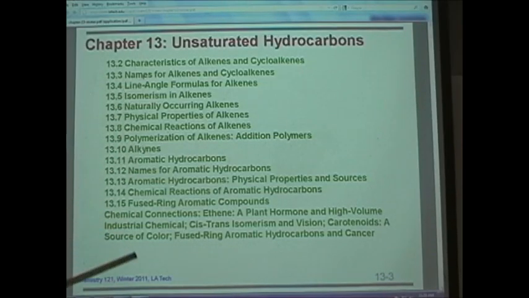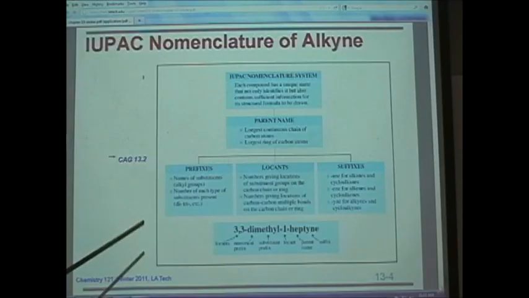We're going to basically talk about alkenes and alkynes and their reactions. Now, we're going to start on aromatic hydrocarbons, where you have a 6-membered carbon atom ring with three alternating double bonds and single bonds. So we're going to talk about that.